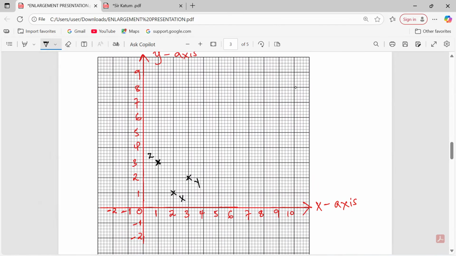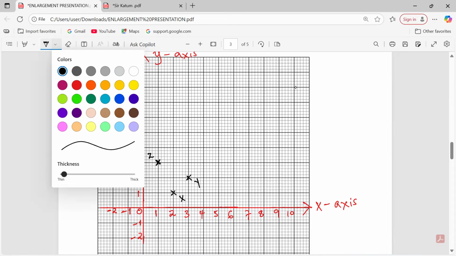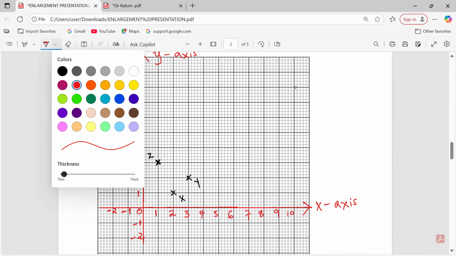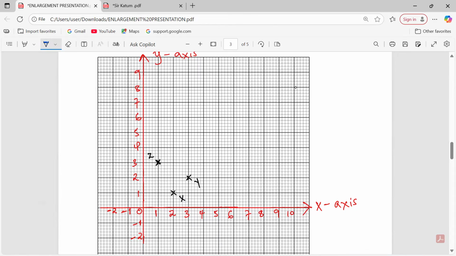So let me join so that I may come up with a triangle. I choose again a certain conspicuous color here, like blue, which can be visible to everybody. So my triangle is complete like that.